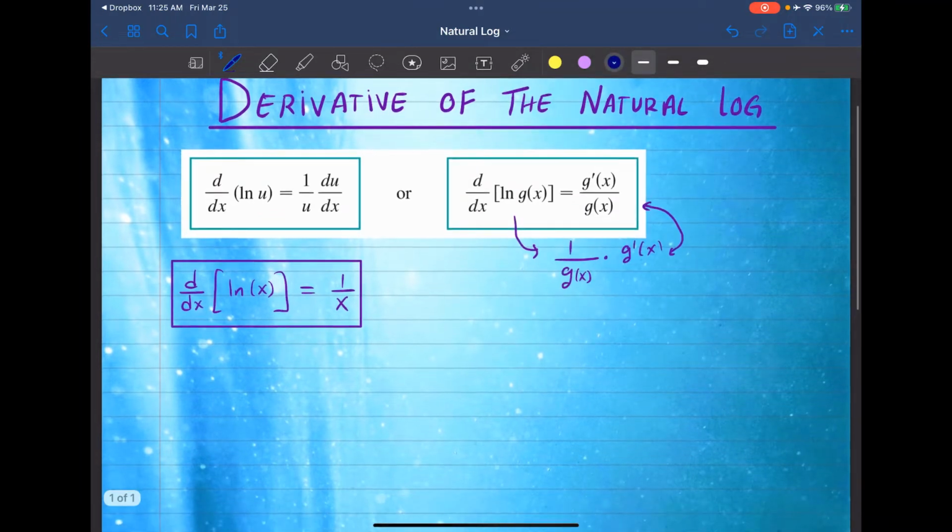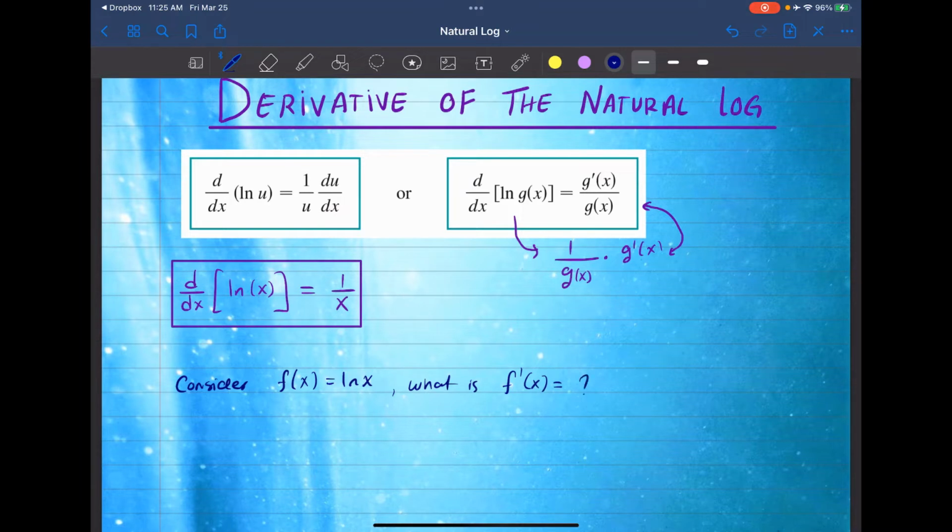We're going to derive this by simply using the function that we already know, e to the x. So here's a tiny proof of this. Let's say we want to find the derivative of this function. If f of x is ln of x, we want to know what f prime of x is.